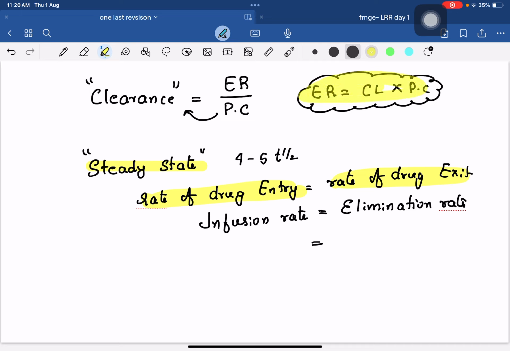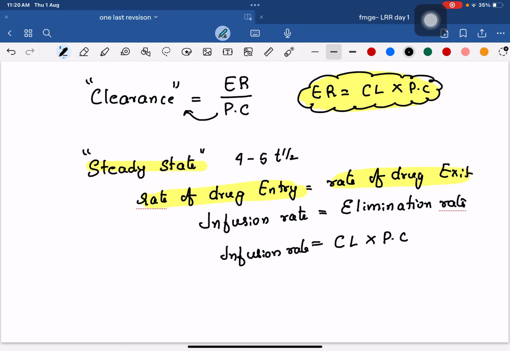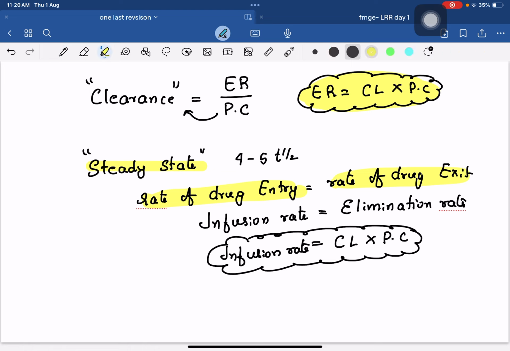What is the other derivation of elimination rate? Elimination rate is also given by clearance into plasma concentration. So infusion rate is given by the formula clearance into target plasma concentration. So this is the formula for infusion rate.